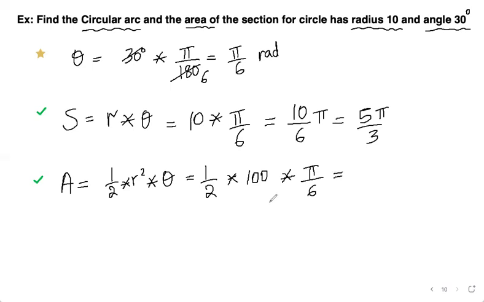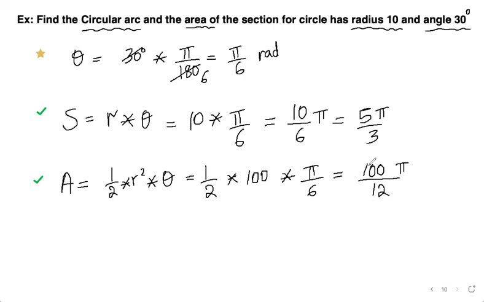So what is the answer? 100 times 1 is 100, times pi is 100 pi. So here I can get 100 pi over 12 because 2 times 6 is 12.